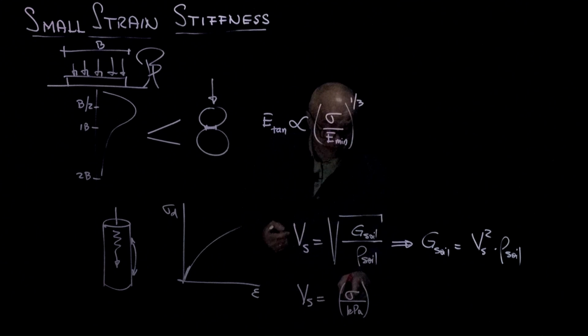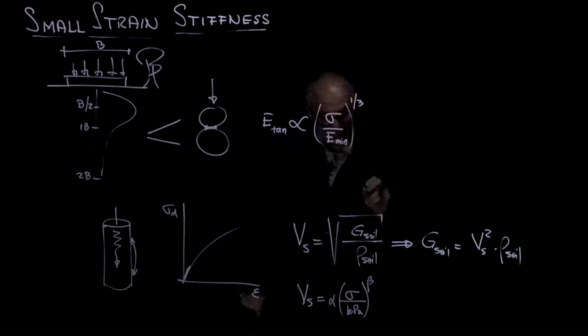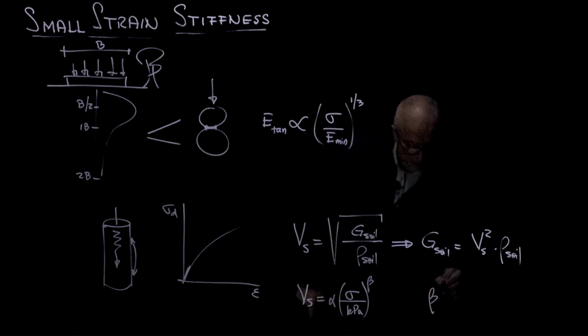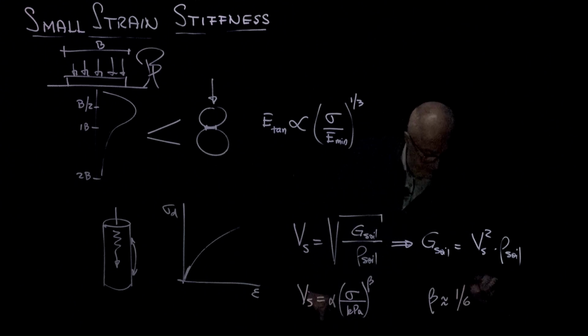Now the shear modulus is related to the state of stress, so it would be to an exponent beta and some alpha factor here. And that exponent beta from Hertz theory will be the square root of the cubic root, so beta will be 1 over 6 for Hertz.